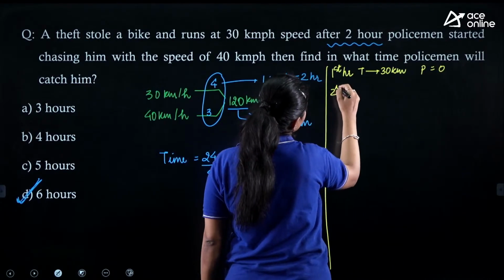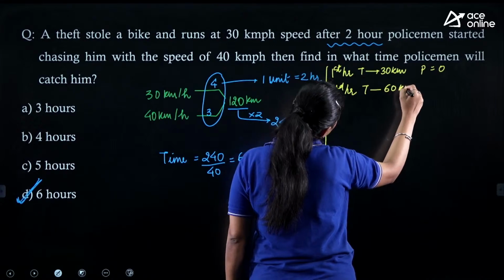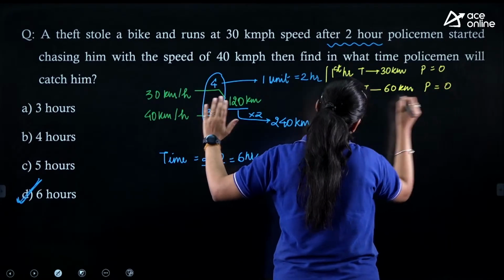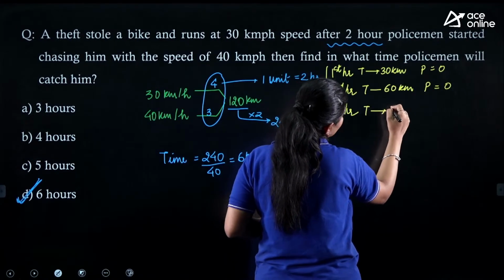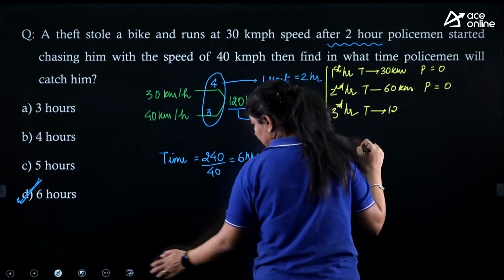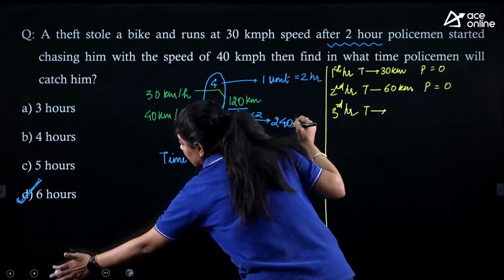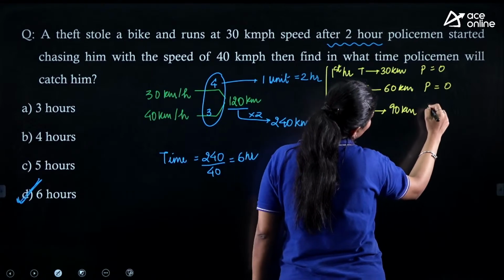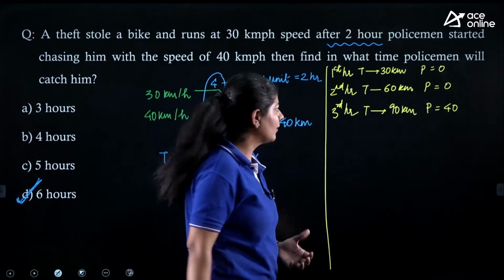In the second hour, the thief covers 60 kilometers with a speed of 30 kilometers per hour. Police again 0. In the third hour, the thief covered a distance of 90 kilometers, and police now started and covered a distance of 40 kilometers, right?